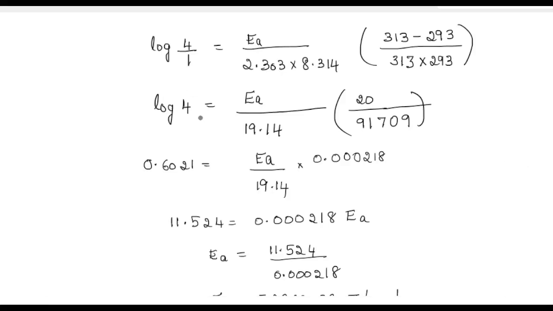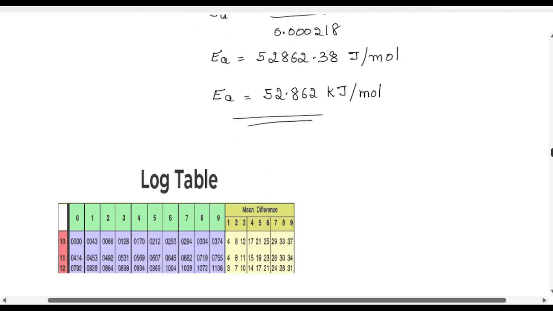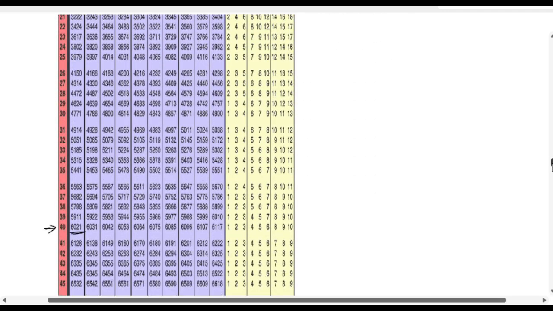Log 4 by 1 is log 4, equal to EA divided by, multiplying this we get 19.14. On solving this we get 2.091709 into 10 to the power of minus 4 for the fraction. Log 4 can be found using the log table. Log 4 can be taken as log 40, and we can see that log 40 in the 0th column is 6021, so we write this as 0.6021.